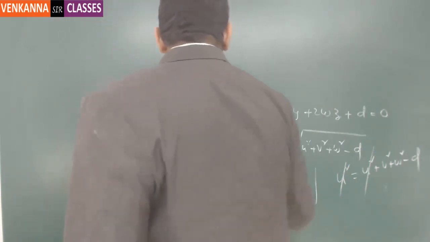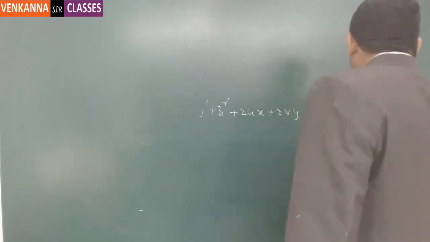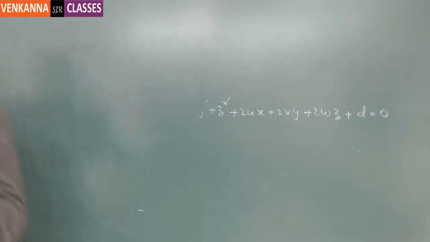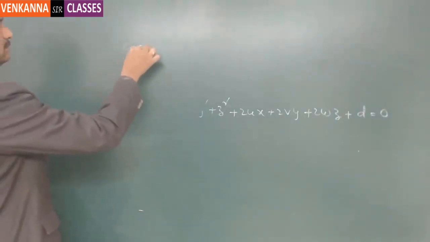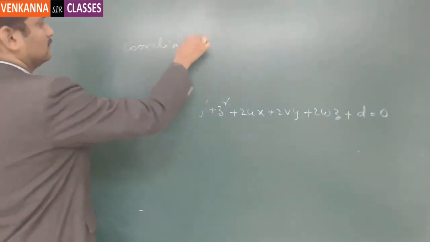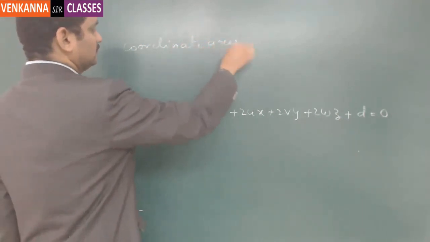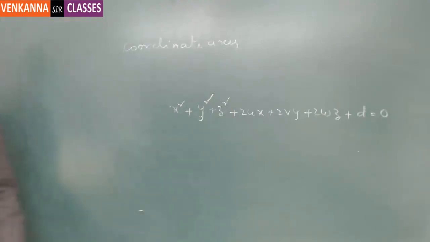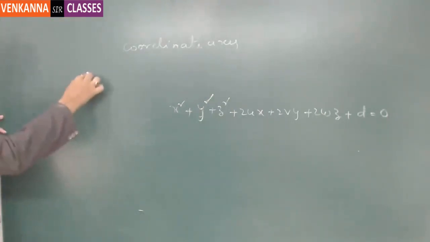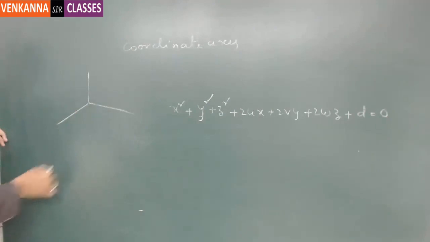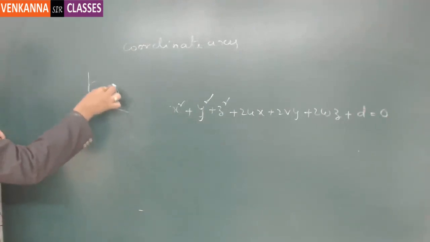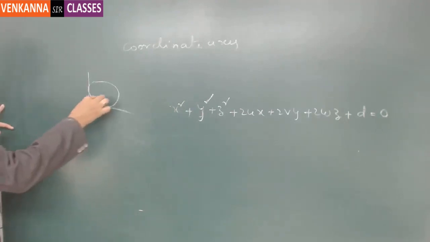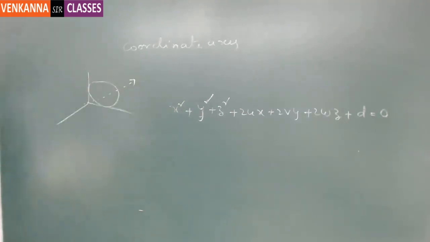Now let us think about the case: what is the sphere equation if it touches the coordinate axes? Just imagine that I have a sphere which is touching the 3 coordinate axes.